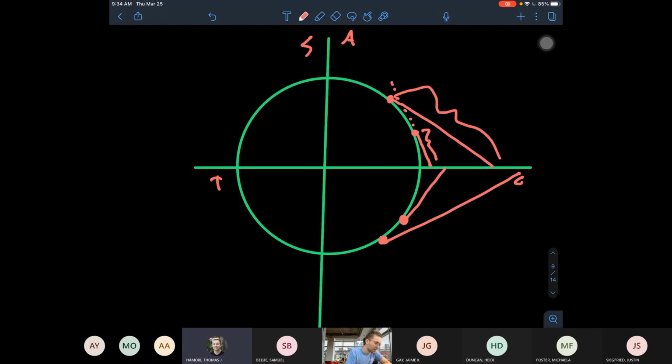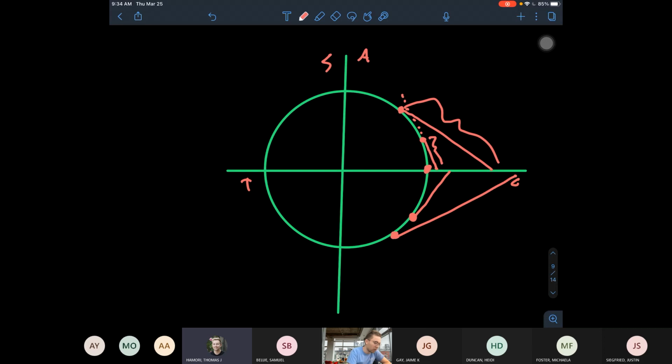Okay, so the shortest possible thing it's going to be is when we're right on the right-hand side of the unit circle, in which case we're already on the x-axis, so there's 0 distance from that point to the x-axis. And then the longest that it could possibly be would be if we were on top, in which case our line is parallel to the x-axis and it never ever crosses. So that's why we don't include pi over 2.